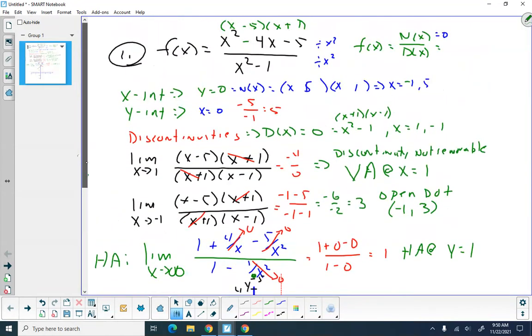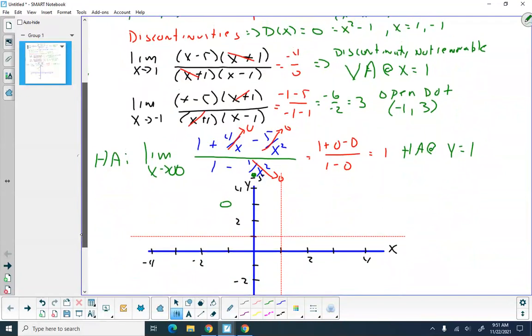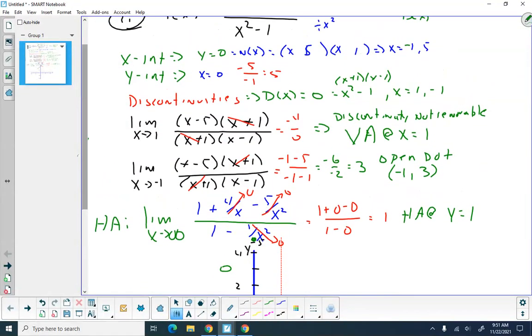Something's wrong here. Is that the correct? So all my signs are bad here.